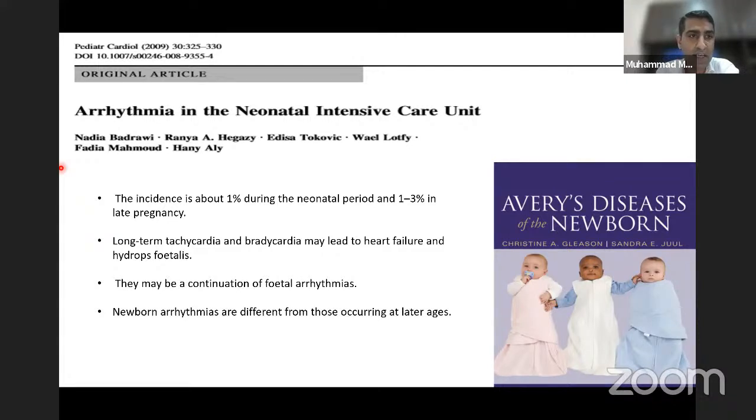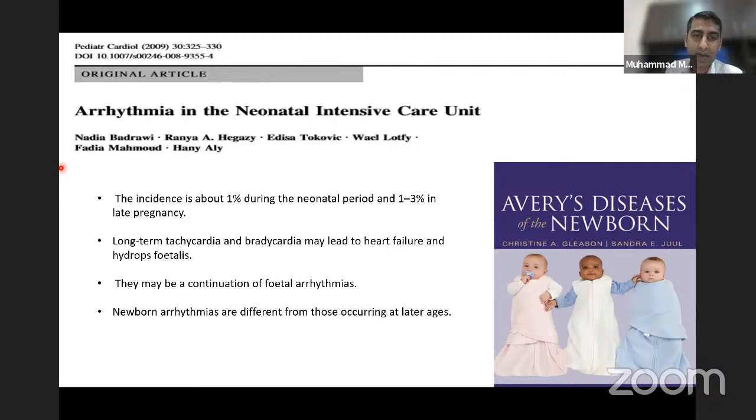Those neonatal arrhythmias which we see in the NICU can manifest after birth, or could be a continuation of fetal arrhythmia. The other important thing I realized while I was being trained is that arrhythmias in the newborn period are quite different from those in older patients, specifically the adult population.